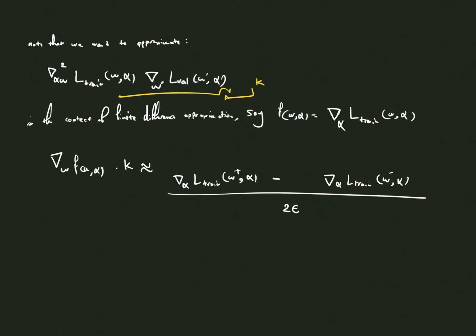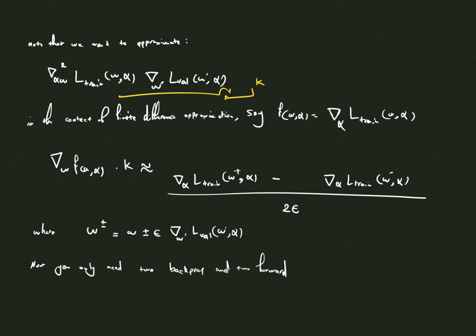With that being small, it would be similar to putting the limit here, and this would essentially help approximate this term. So omega plus and minus something would be plus and minus epsilon times this term, which was the k here, and this term was the gradient of L val with respect to omega.